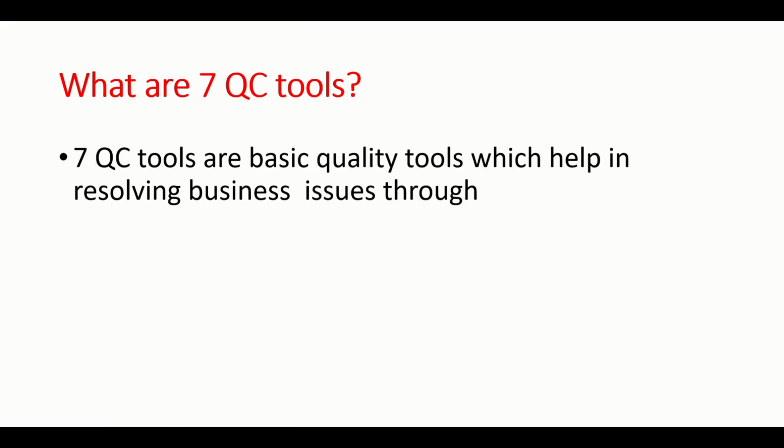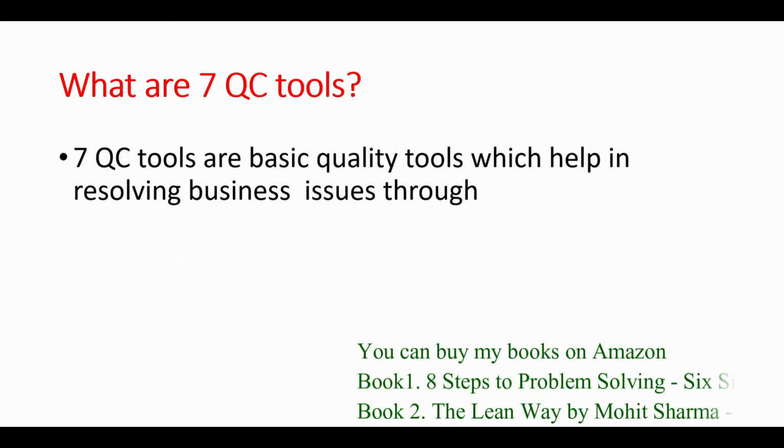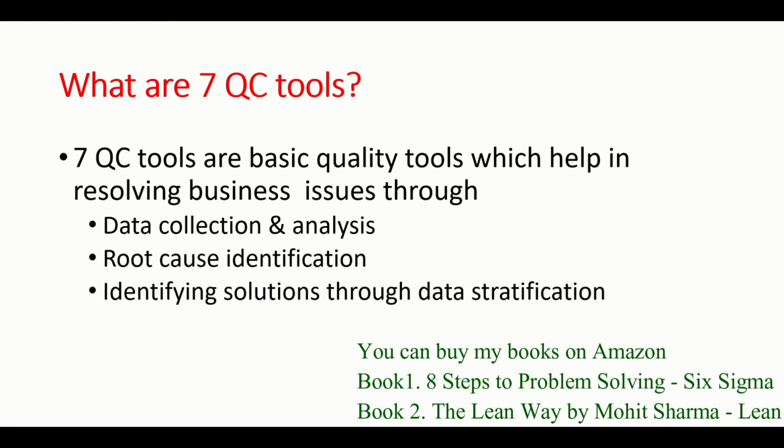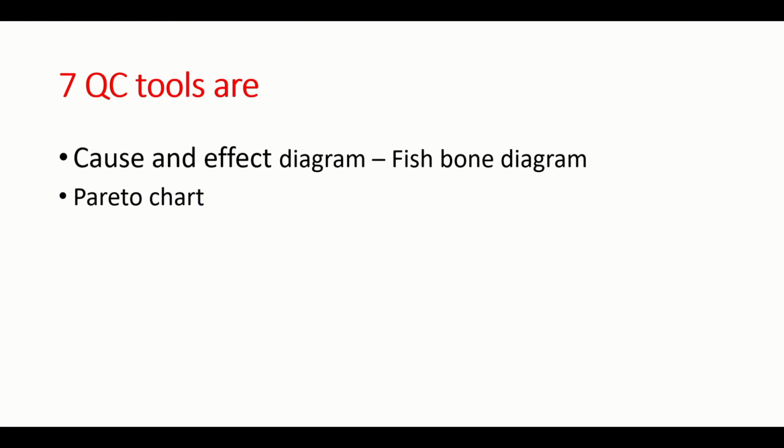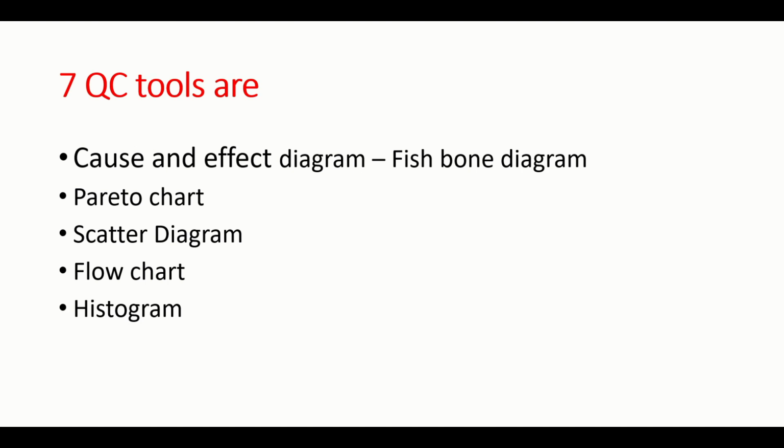What are 7 QC tools? 7 QC tools are basic quality tools which help in resolving business issues through data collection and analysis, root cause identification, identifying solutions through data stratification, and controlling the improved state. 7 QC tools are cause and effect diagram, also known as fishbone diagram, Pareto chart, scatter diagram, flow chart, histogram, checklist, and control chart. So let us get into the video and I will explain these tools one by one.